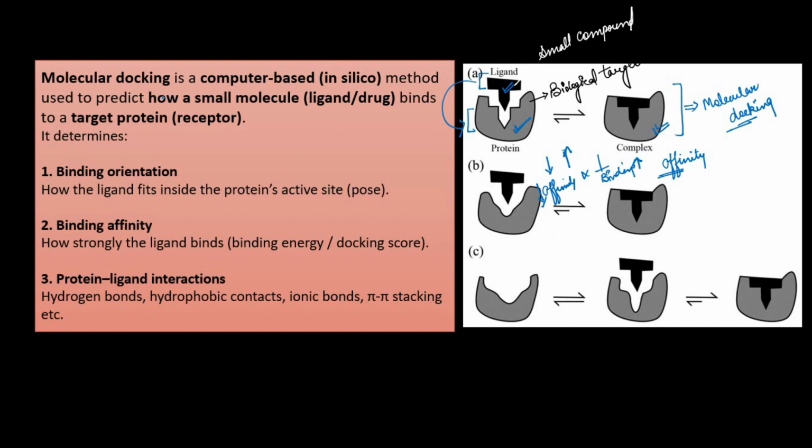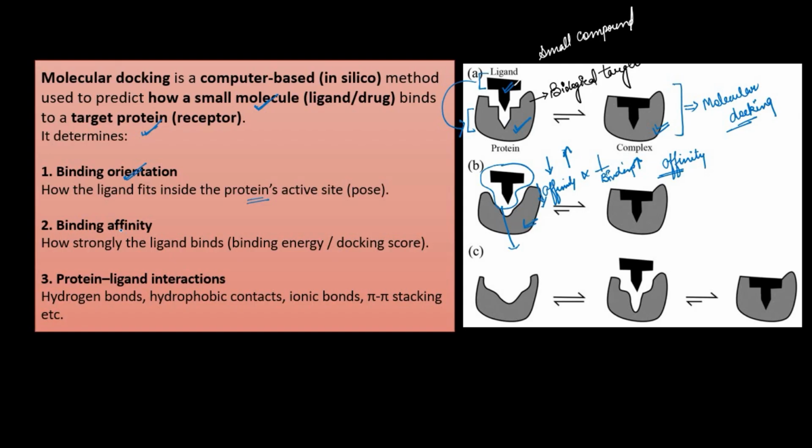Molecular docking is a computational method that is used to predict how small molecules bind to the target protein or receptor. With the help of docking, we easily determine the binding orientations, meaning how the ligand fits inside the protein's active site. So we understand in which pose this particular ligand binds to this biological receptor.